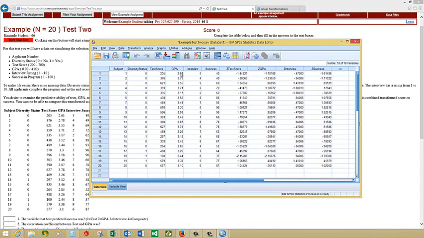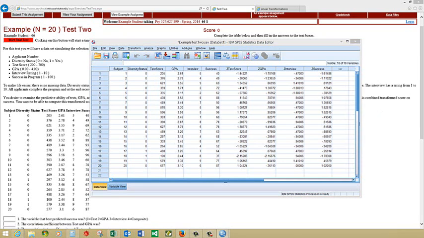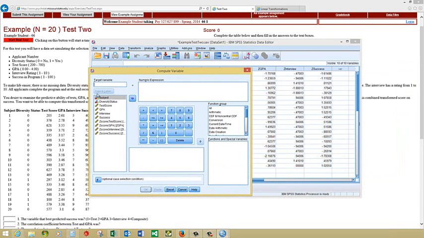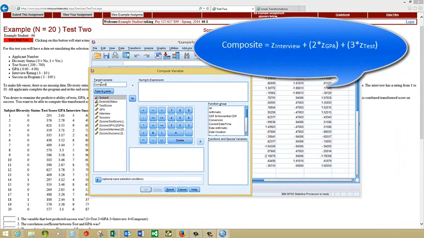So now we can create our composite. To do that, we'll go to Transform, Compute Variable. Composite. And for the numeric expression, we're going to use the z-scores.